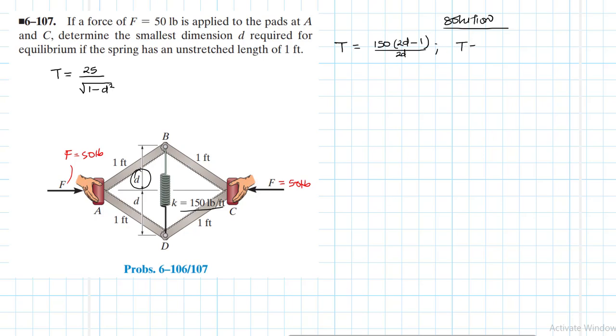So T therefore is going to be equal to 300D minus 150 divided by 2D. Then T becomes equal to 150, sorry, it becomes 150 here, then minus 75 divided by D.